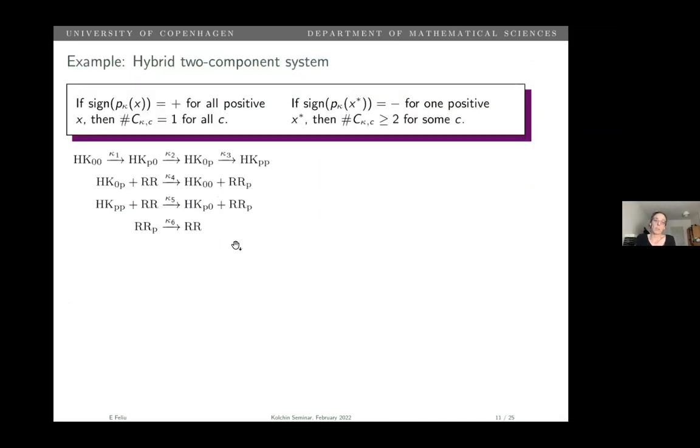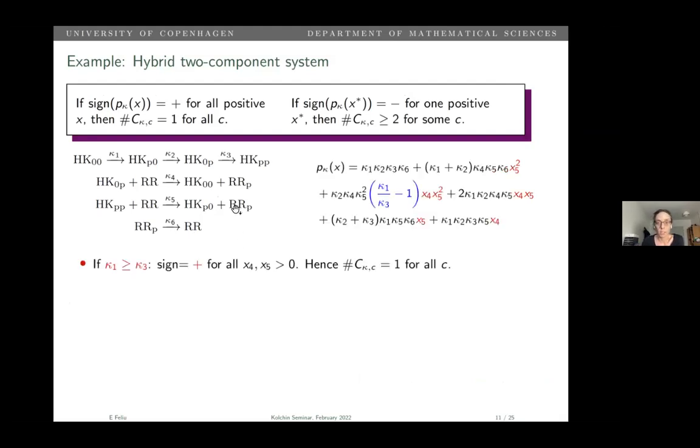But let's go back to that example with the not very easy to understand parameter region of multistationarity, and I compute the polynomial here. This is the pk of x, where I evaluated at the parameterization, as Gleb was asking. Here you see very clearly there is only one coefficient that can be negative; all the rest are positive.